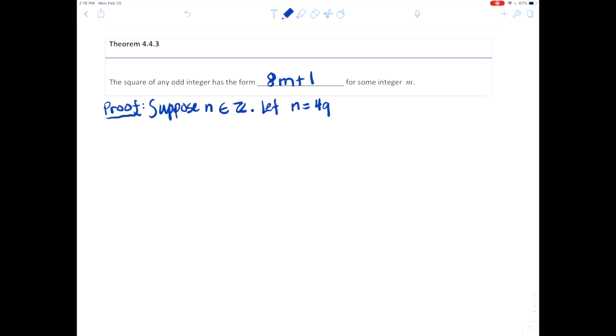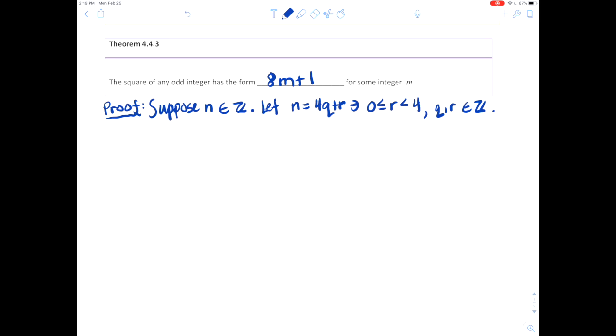n equal to 4q plus r such that 0 is less than or equal to r is less than, what do you think? 4, because we had let n equal 4q plus r. All right, so far. And q and r belong to the set of integers. Okay, so far.